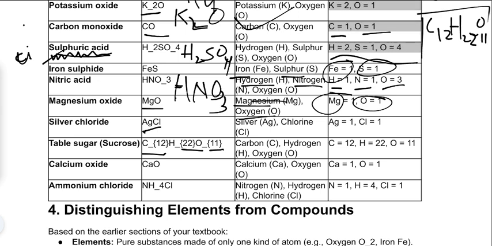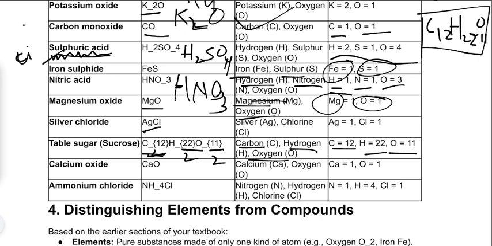This is the correct chemical formula, but these numbers should be used as subscript, and they are used as superscript. These numbers are also correct, but their position is wrong. Elements are carbon, hydrogen, and oxygen. Number of atoms of carbon is 12, hydrogen is 22, oxygen is 11.